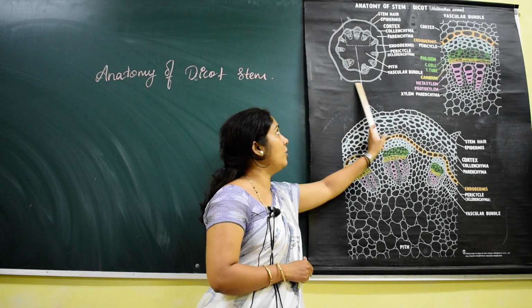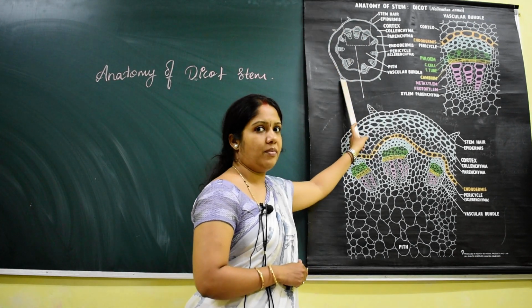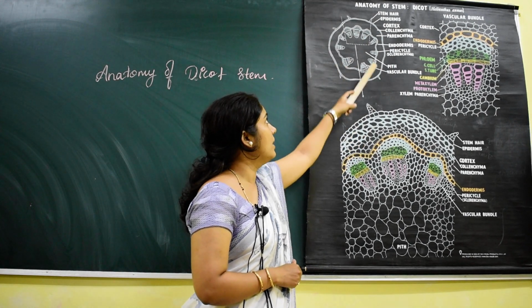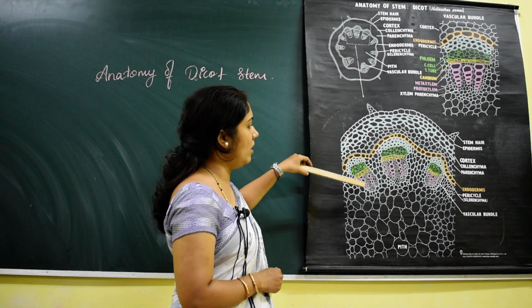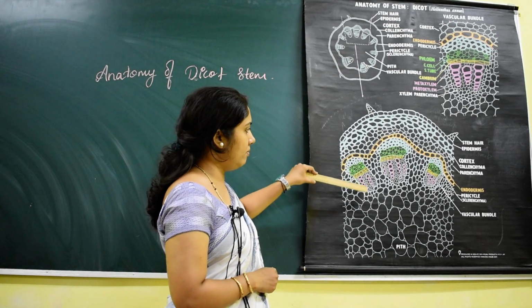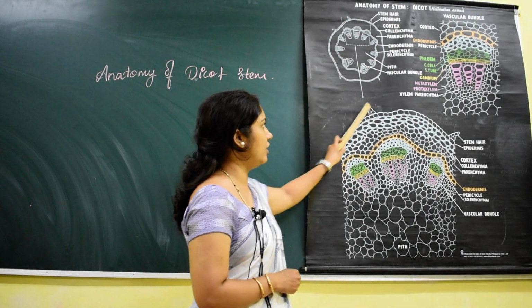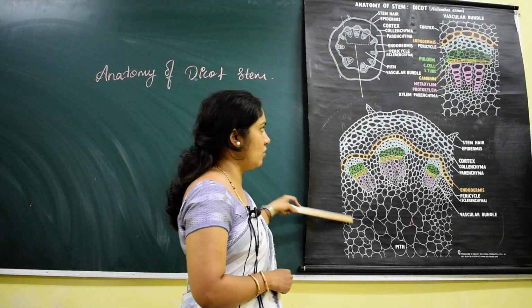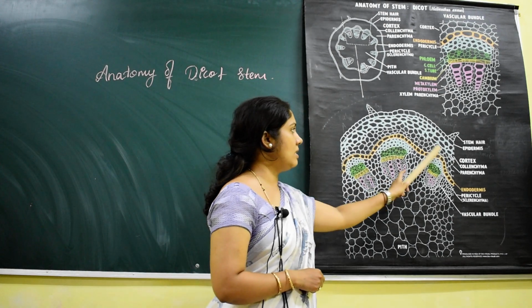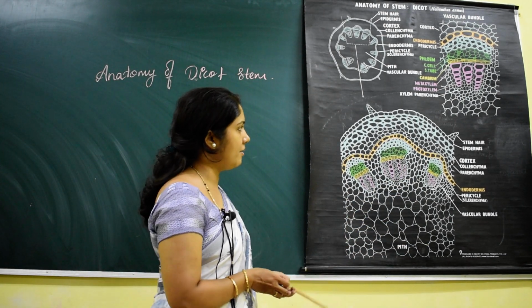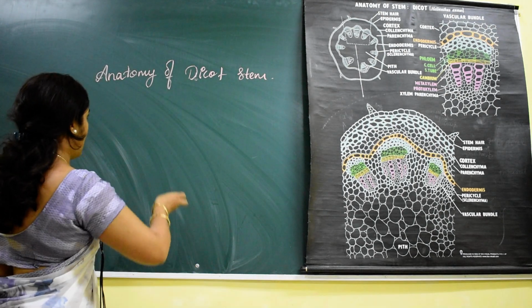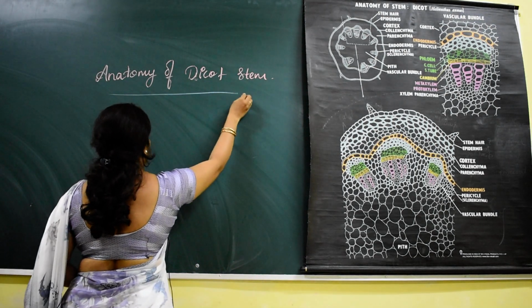This is the anatomy of the dicot stem. If we increase the magnification for a particular region in the microscope, we will see this. The dicot stem is mainly classified into three regions.